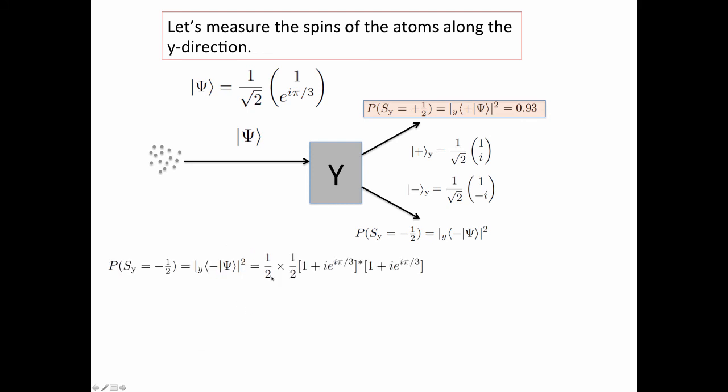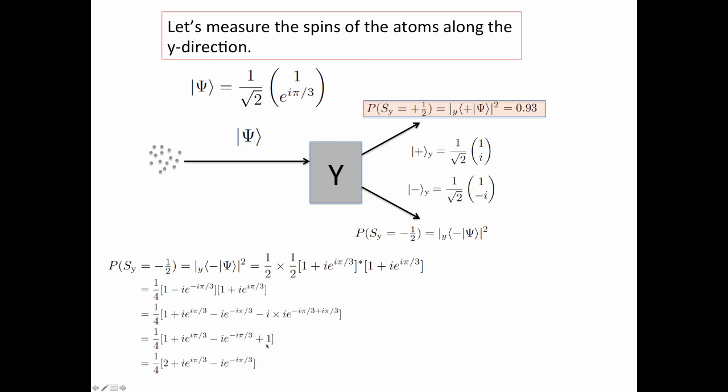The probability is the modulus of that squared again, taking the complex conjugate of 1 plus i e to the i pi over 3 gives us 1 minus i e to the minus i pi over 3. Multiplying out the brackets here, and noting that in the last term, once again, i times i is minus 1, and the exponents add up to 0, and e to the 0 is equal to 1.